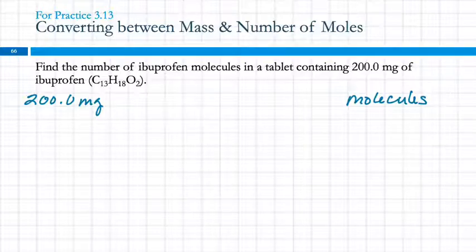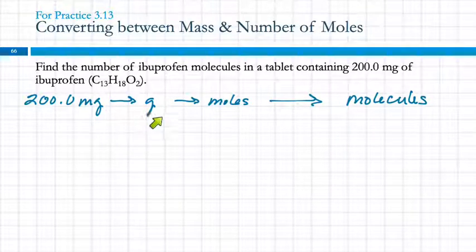Well, we've been doing things with grams, right? Could we convert milligrams to grams? Sure. And then to get from grams to molecules, what's going to be in the middle? Moles. Moles in the middle, like Malcolm in the middle, right? Always try moles in the middle.